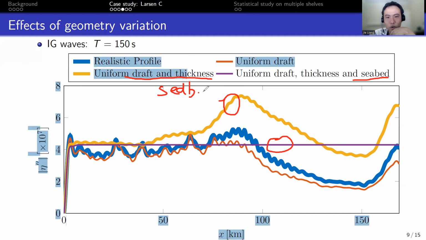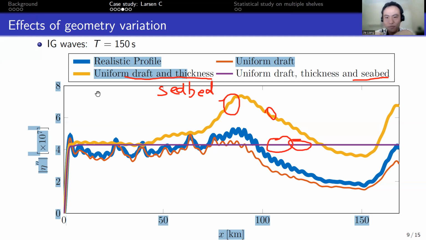So these two have a different seabed variation. That's the only difference, and you can see that it definitely shows differences in the result. This one is much different from the uniform now. So what I'm trying to say is that the seabed now has an effect on the IG wave.